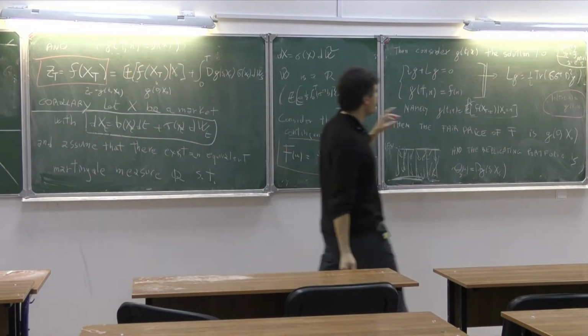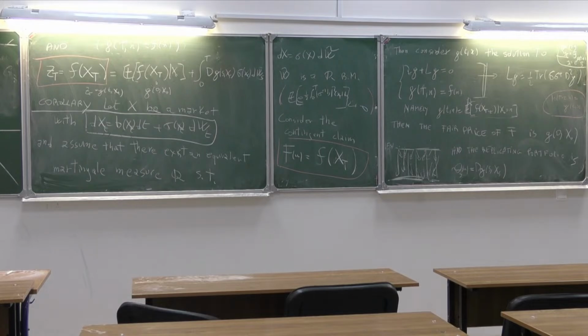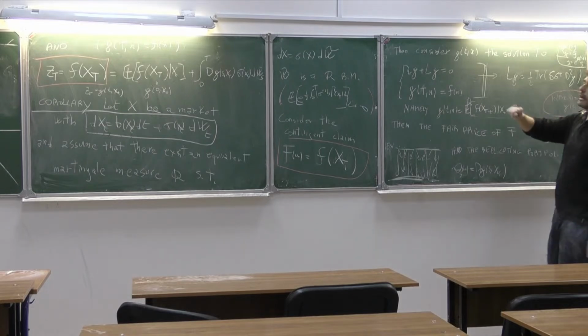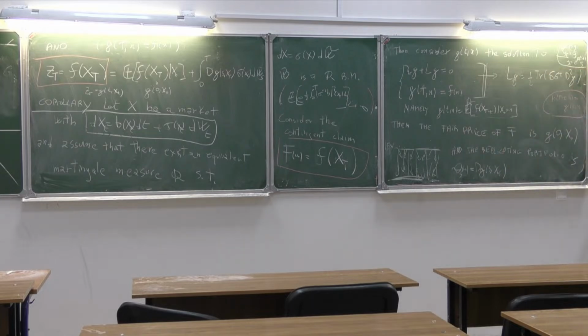Here, I tell you, find B and sigma that are a good model for your market. This is your business. You take the data, you make a neural net. Finding B and sigma is complicated because they are functions, so you want to estimate functions.